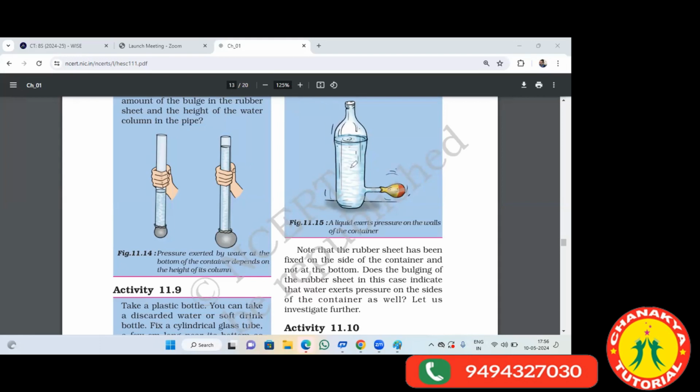That means water which is filled inside is trying to push the walls of the container. It is trying to push the bottle in every direction.